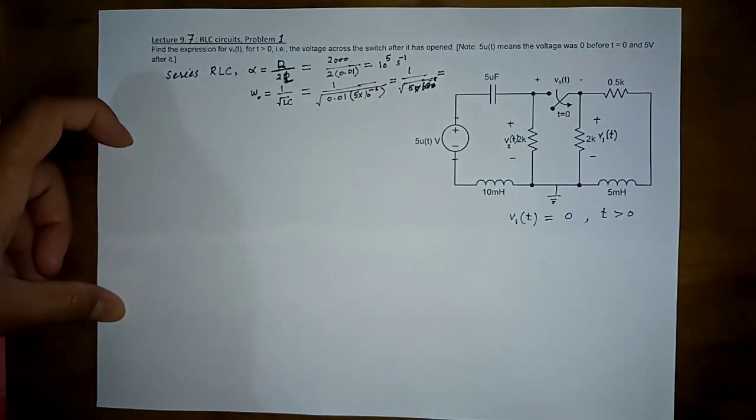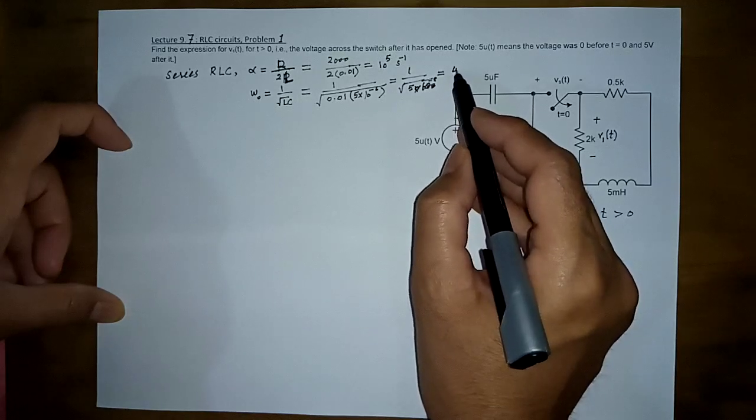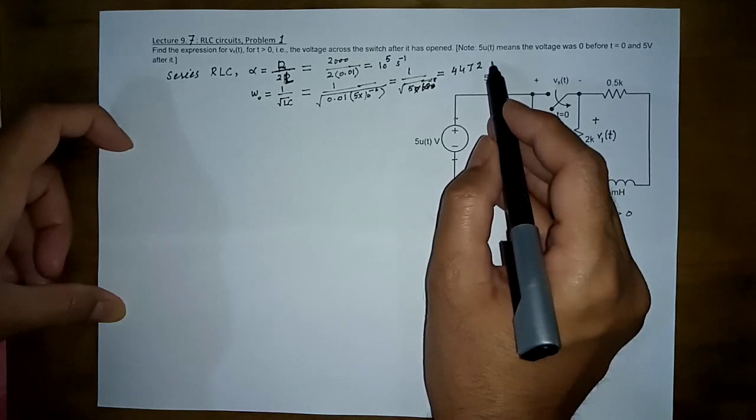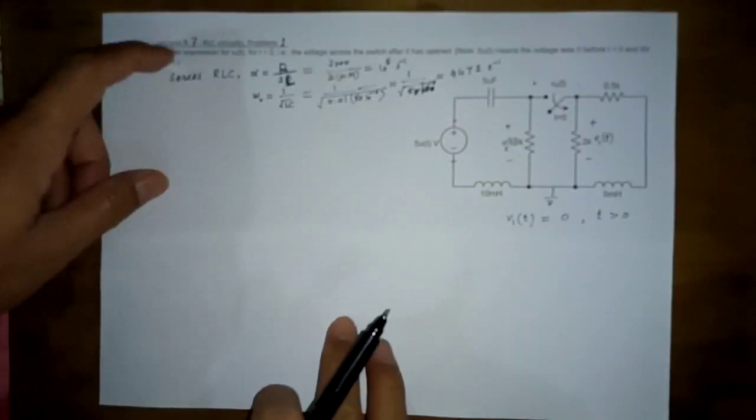The square root. Now let us apply the square root, and now let us take the reciprocal of it. So we are going to get something like 4472 point something radian per second.